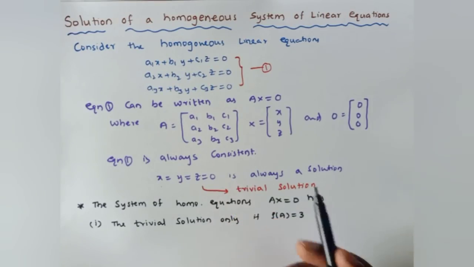Means the given system contains 3 variables, so therefore rank of A is 3. Here no need to compare with the augmented matrix, since the augmented matrix and coefficient matrix are the same. So try to find the rank for only A.